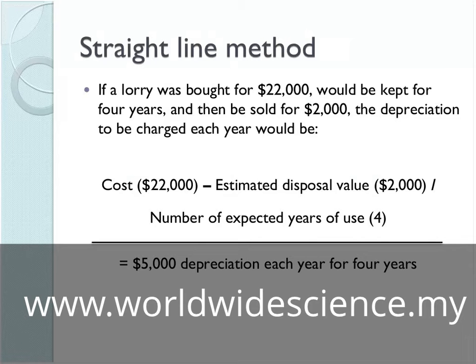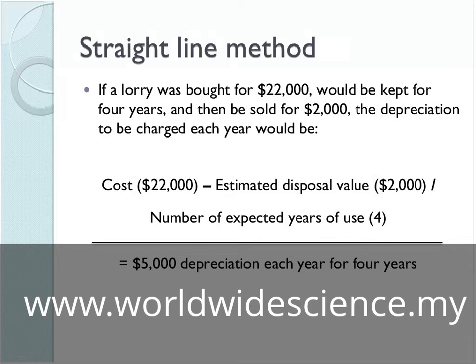So let's see. As you remember, we have two kinds of methods of calculating depreciation. First is the straight line method, and based on this example, we can see how we can calculate the depreciation. Here is an example. If a lorry was bought for 22,000, would be kept for 4 years, and then be sold for 2,000, the depreciation to be charged each year would be?